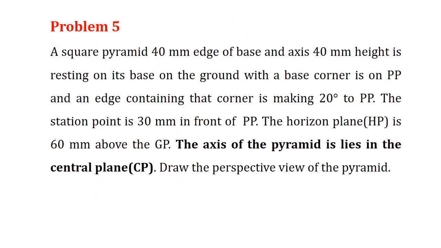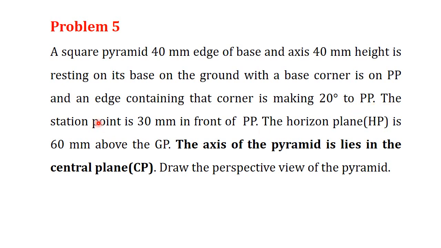Let's discuss the last problem in this session. A square pyramid, 40 mm edge of base and 40 mm axis height, is resting on its base on the ground with a base corner on PP and an edge containing that corner making 20 degrees to PP.